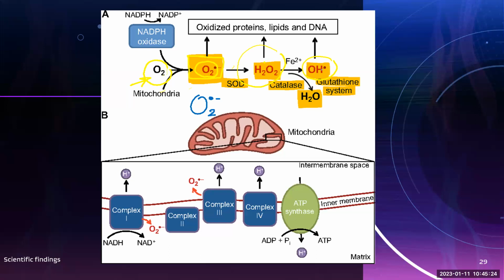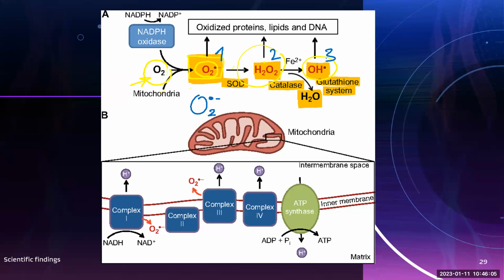After that, the hydrogen peroxide can convert into OH, hydroxyl free radicals. The hydroxyl free radicals, hydrogen peroxide and oxygen anion, right? You can see all these three can damage the molecules: protein, lipid, and DNA.